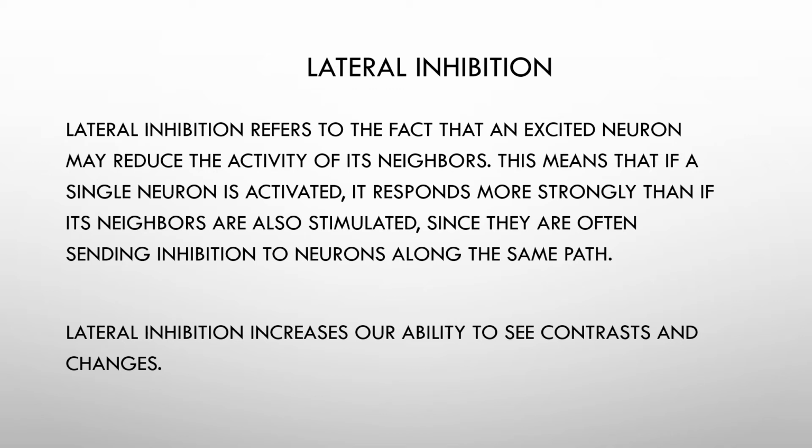This means that if a single neuron is activated, it's going to respond more strongly than if its neighbors are also stimulated, because they're often sending inhibition to neurons along the same path. Lateral inhibition increases our ability to see contrasts and changes in our environment, so this kind of relative light and seeing when things change.